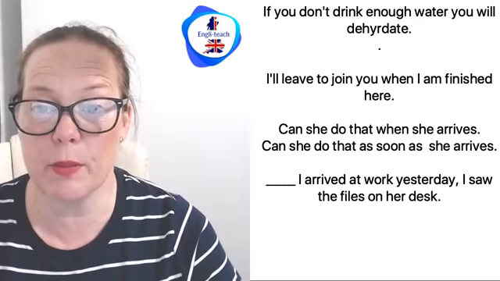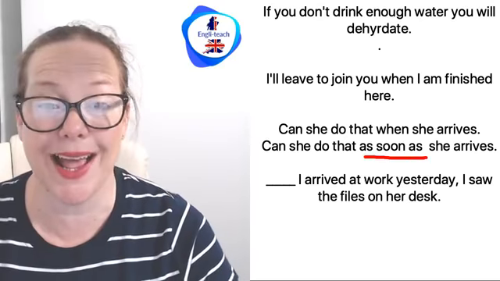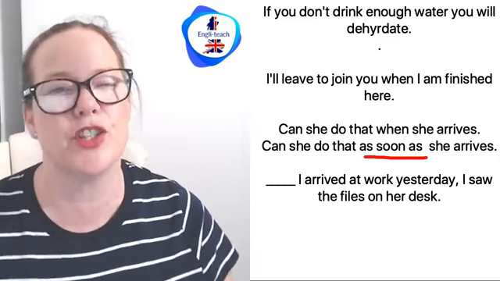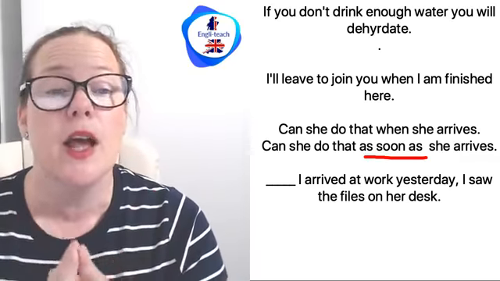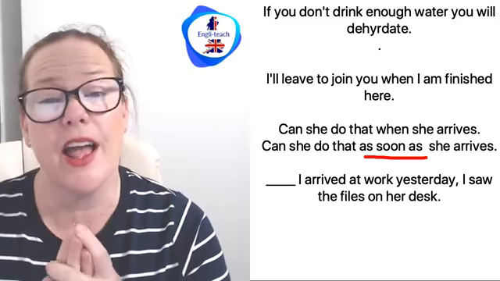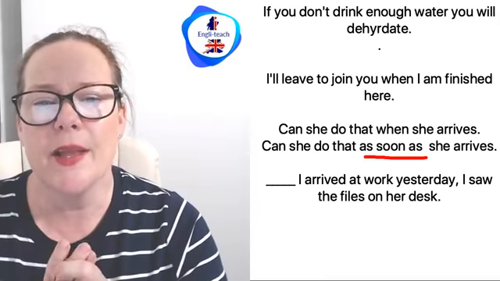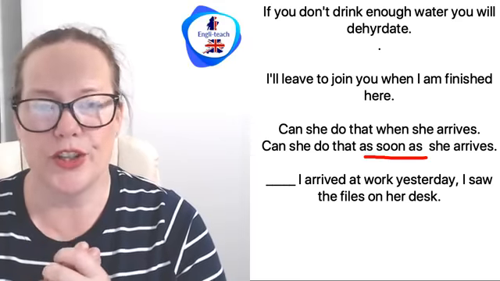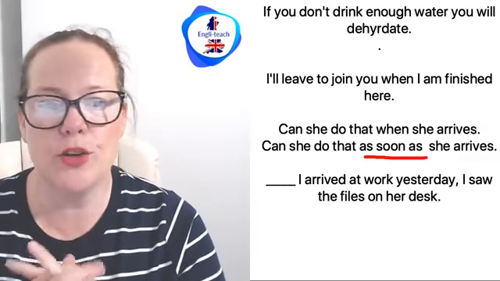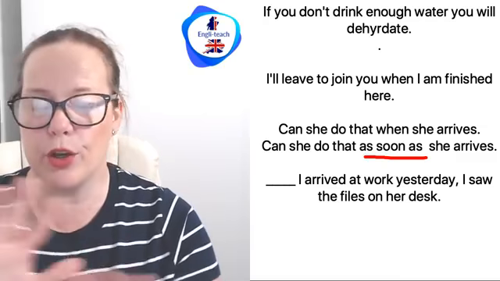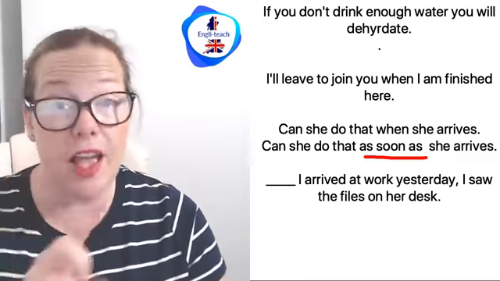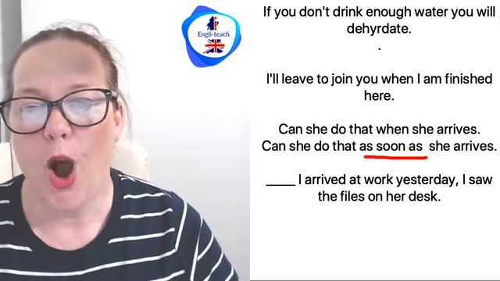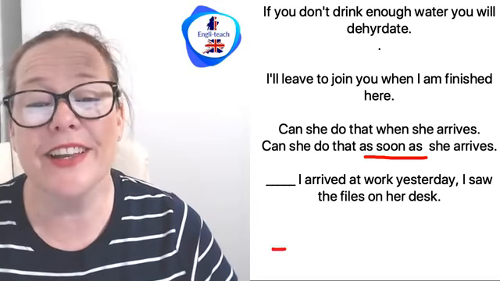This is also a possibility, as soon as. However, it's out of the scope of this lesson because we're just focusing on if and when. But Mohammed, you are right there. But could you say, can she do that or she arrives? No, Mohammed, you couldn't say or. That wouldn't work, okay? But the other two, definitely. Okay, well done. All right, the next one and the last one.